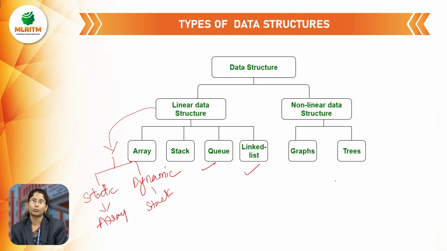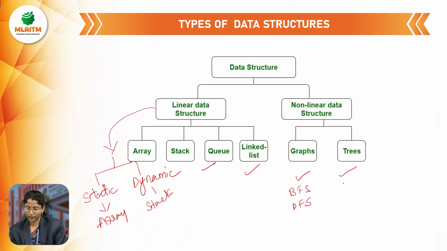And the second type of data structure is non-linear data structure. In non-linear data structure, the data is not stored in a sequential manner. And the examples for the non-linear data structure are graphs and trees. Under graphs, we have BFS, DFS. These are some of the examples for the graphs.